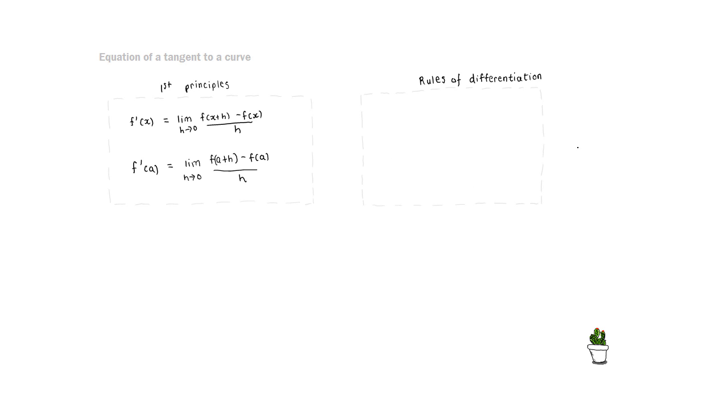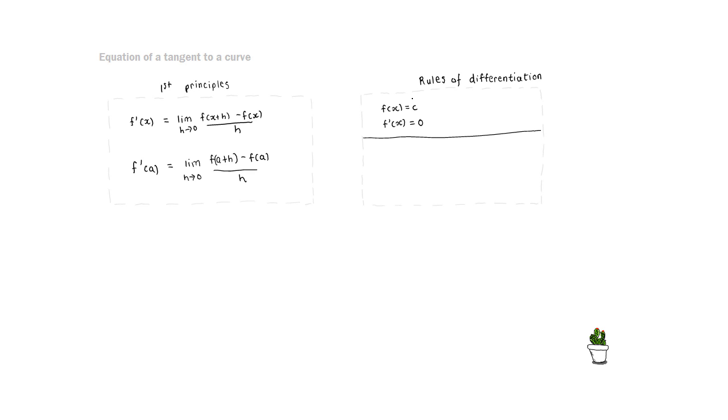When we talk about the rules of differentiation, we talked about the fact that if f of x is equal to a constant, then f prime of x equals 0. So the derivative of a constant is equal to 0.